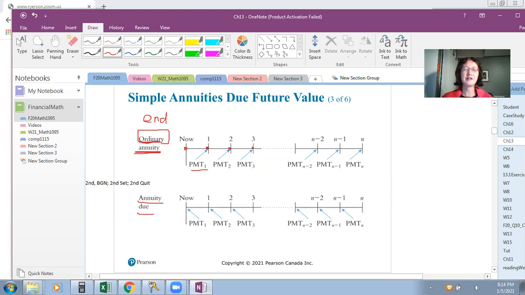At the end of second period, you make another payment. So this is ordinary annuity. Payment is made at the end. Now, if it is annuity due, the keyword due means payment is made at the beginning of a period. So if this is time now, you make payment right here, the beginning of period 1. Now the beginning of period 2, you make another payment here, etc.